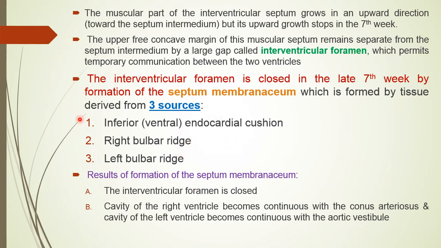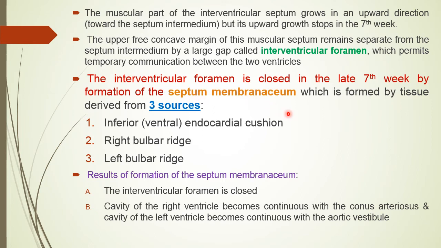From these three sources, the membranous part of the interventricular septum or septum membranaceum is formed, and because the tissue of the septum membranaceum is derived from three sources, many times one or two of these sources may not develop normally, and there can be a defect in the septum membranaceum, producing an interventricular septal defect.